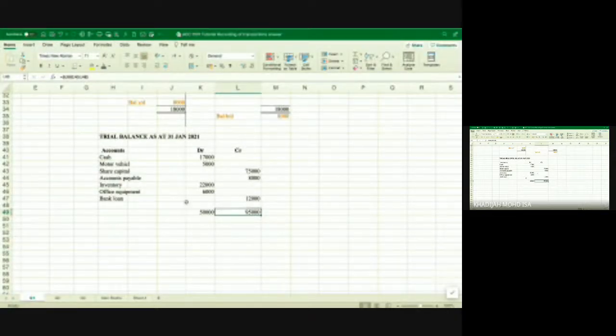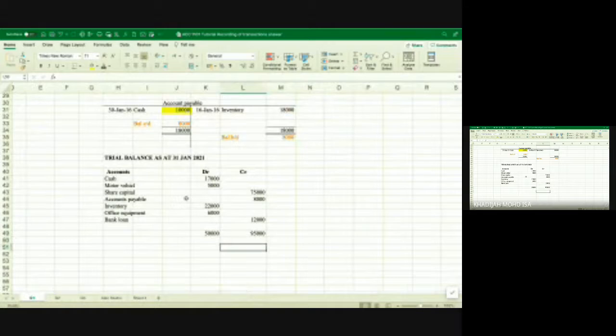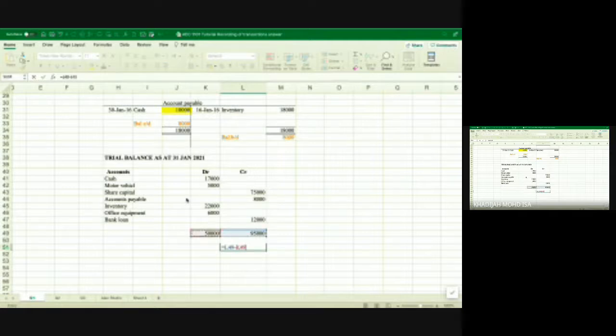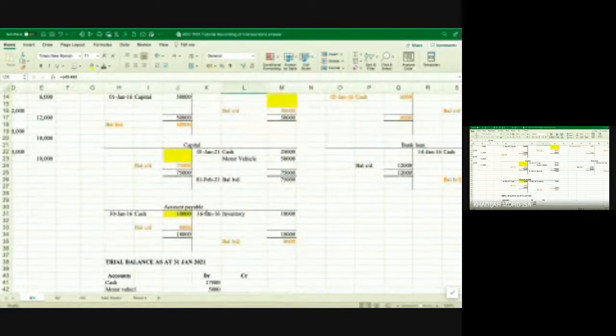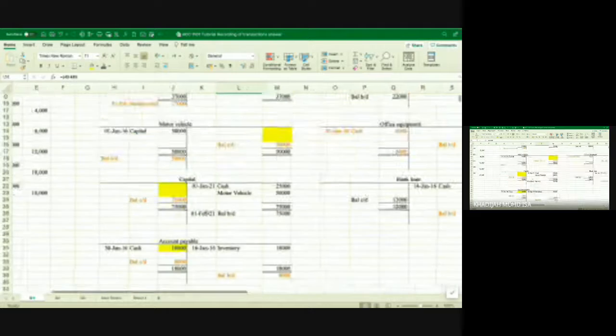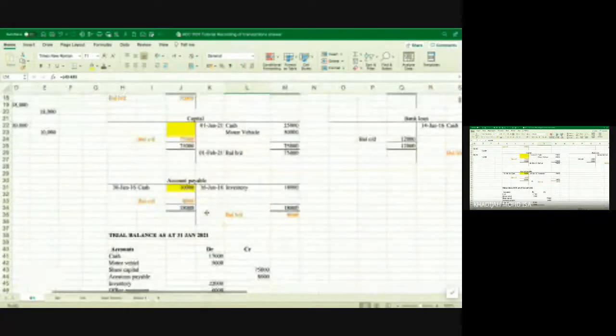Where are we missing? When you see this, you look at the difference, 95,000 minus 50,000, so a difference of 45,000. Where could it be? Capital, accounts payable, motor vehicle 50,000.